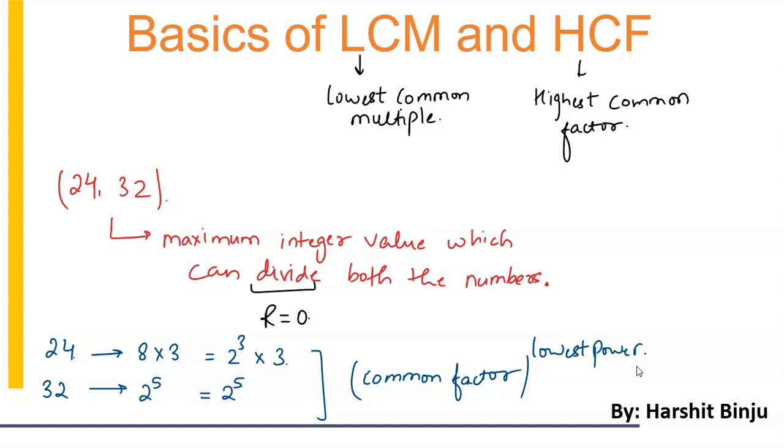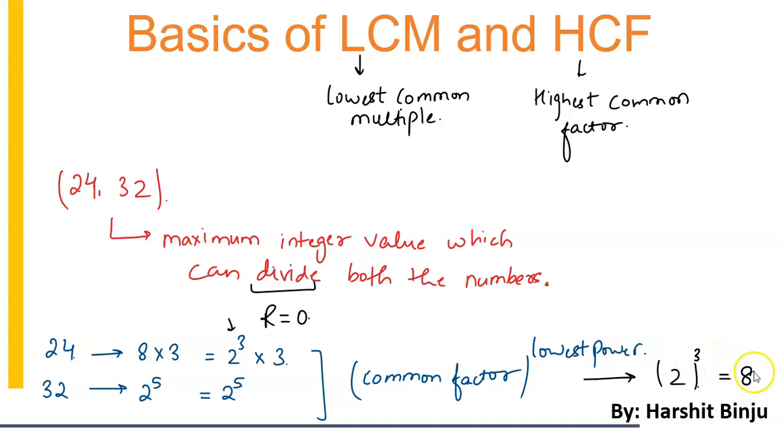So what's the common factor? The common factor here is only 2, because 3 is not there in 32. And the lowest power is 3, which is in case of 24, so it will simply be 2 cube.